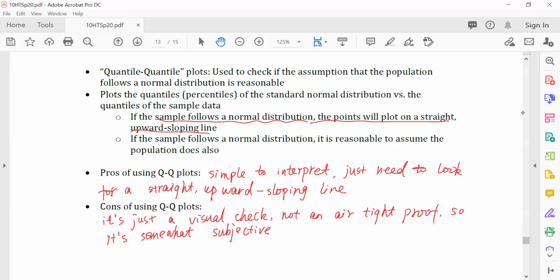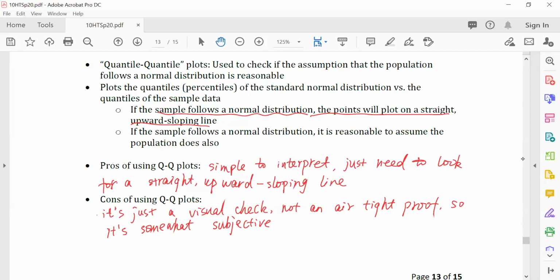That's not a proof. There are also hypothesis tests regarding normality, like what we have done to test for the mean. There are hypothesis tests to test whether a distribution follows the normal distribution or not, and that will give you a more objective answer.